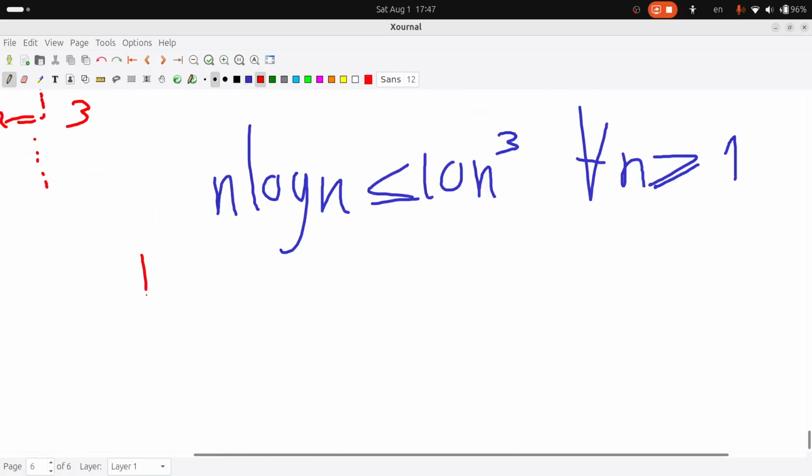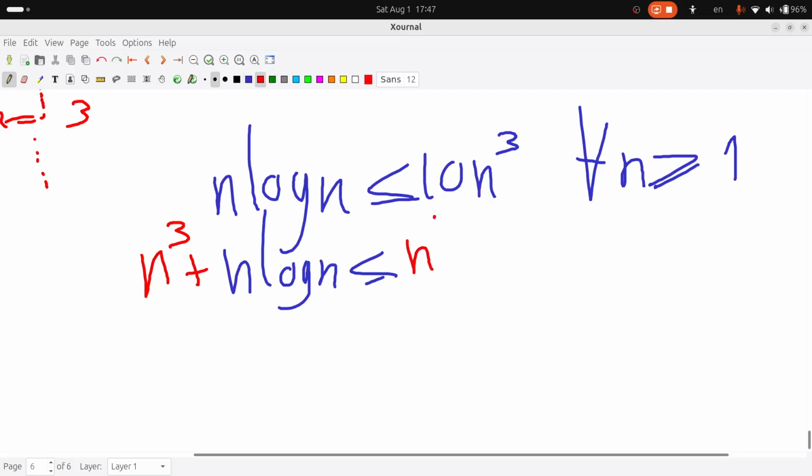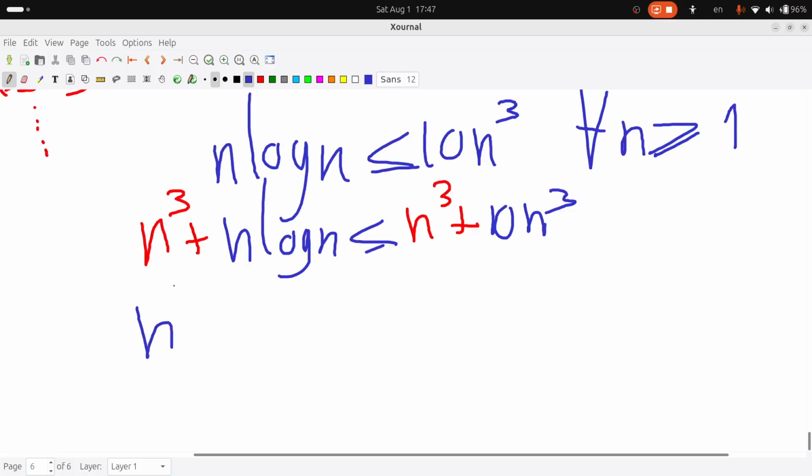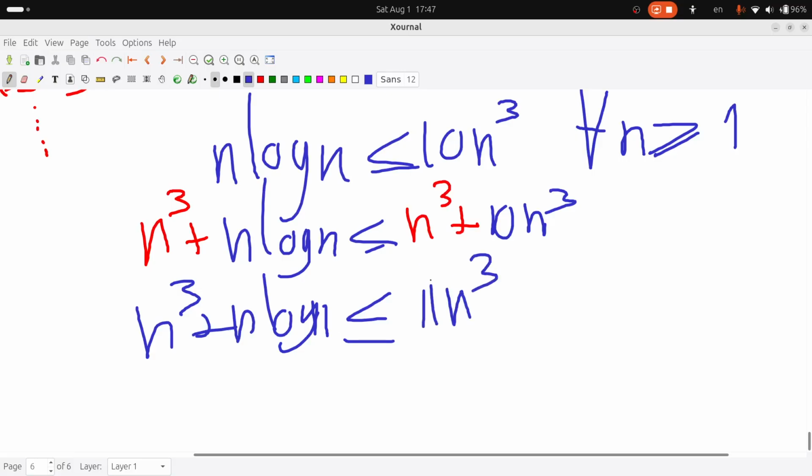So we add both sides again, and we get this inequality: n to the power of 3 plus n log n is less than or equal to 11 times n to the power of 3.